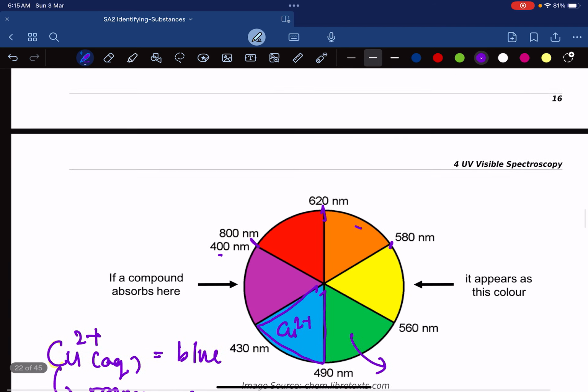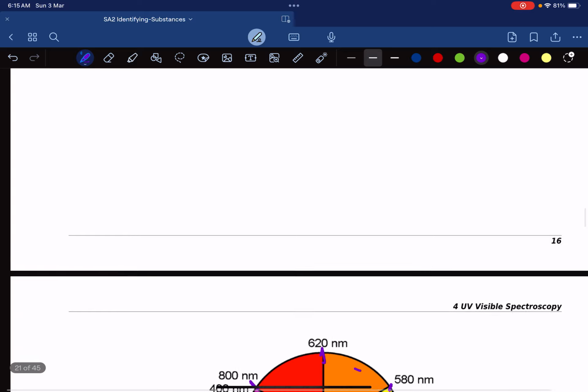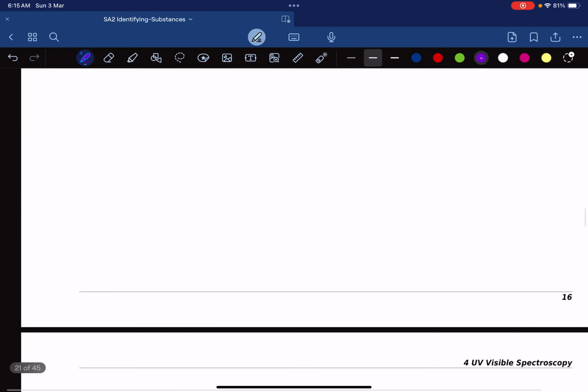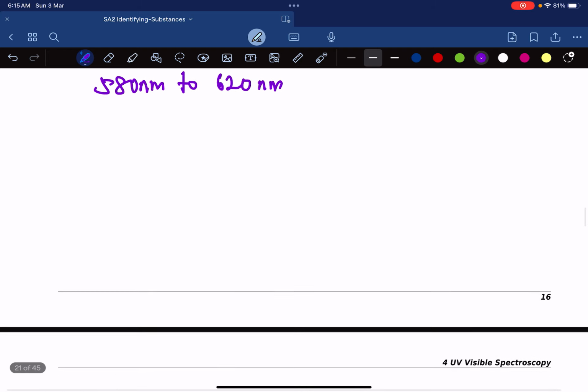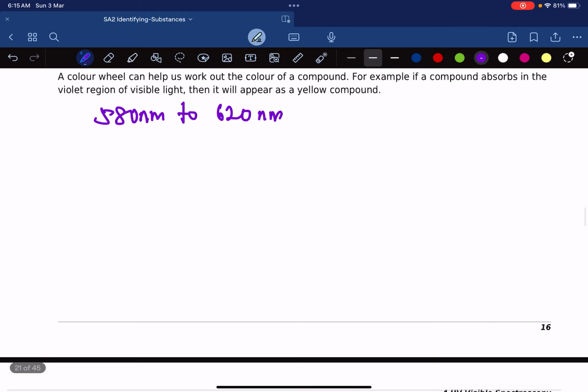Now when we come back to copper, I just told you that to analyze copper, 580 nanometers to 620 nanometers is the best wavelength. But within this range itself, there is an even better wavelength that we can use. This is where a graph like this will come up.